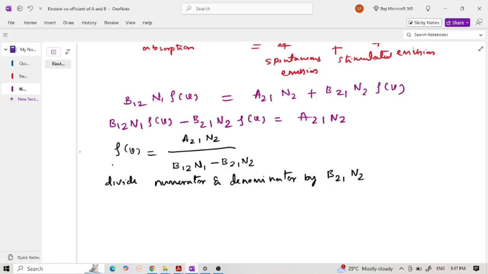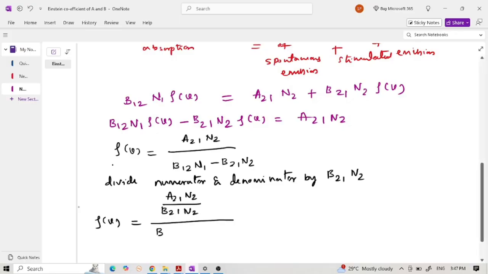So this equation is written as A21 N2 divided by B21 N2, the whole divided by B12 N1 divided by B21 N2 minus B21 N2 divided by B21 N2.